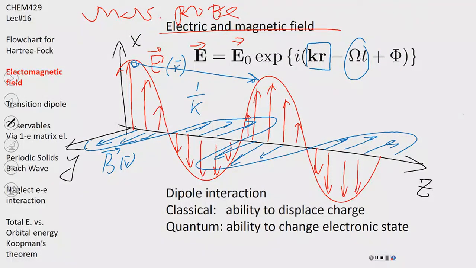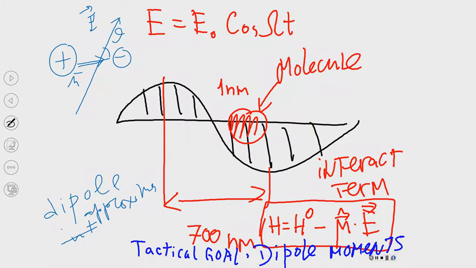Then we recalled what light waves are, and agreed that if matter, a molecule, or a nanostructure interacts with light, one has an additional term in the Hamiltonian.